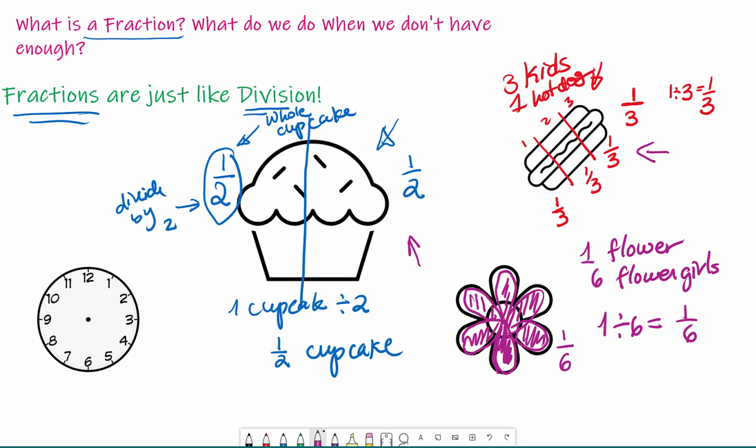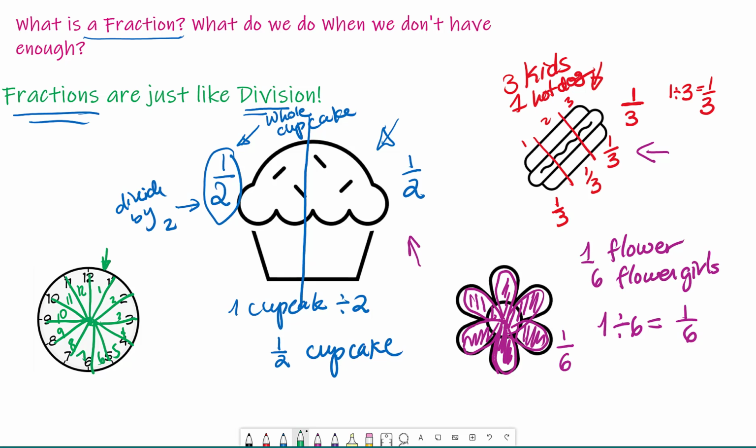Let's look at one other example here. I have a clock, and you see the numbers, right? We have 12 numbers. And so what we can do here, by putting lines from the center to the different numbers, and I'm not doing a great job, but you can imagine these are straight lines and they're all equal, is divide the circle of a clock into 1, 2, 3, 4, 5, 6, 7, 8, 9, 10, 11, 12 slices of time.